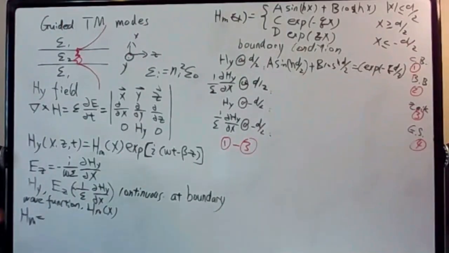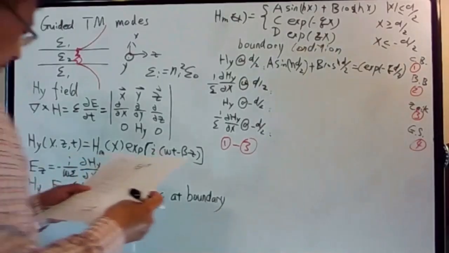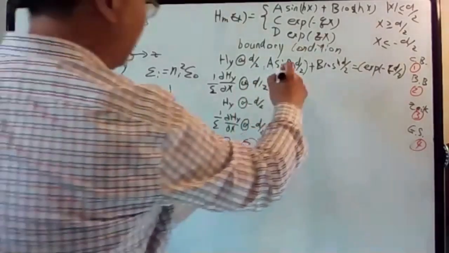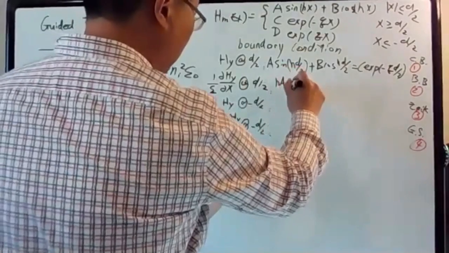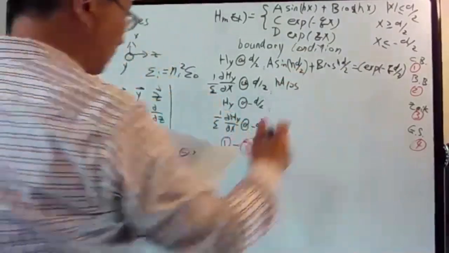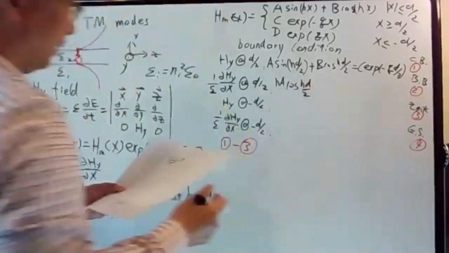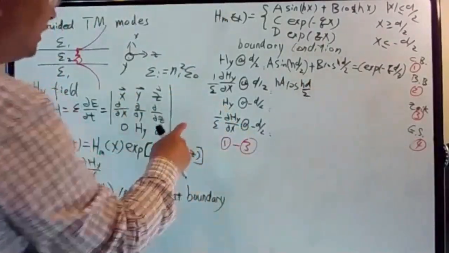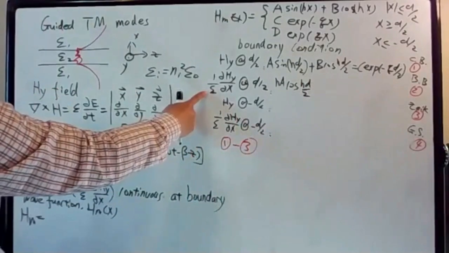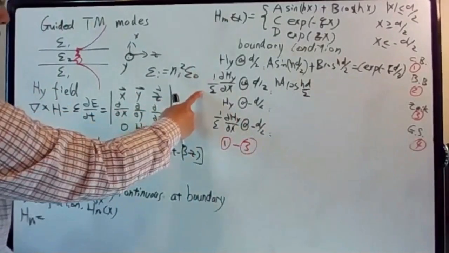Yes, sir. So then for my equation, would it be h a cosine h of d over 2? Thank you. Minus, so there is an epsilon: 1 over epsilon.